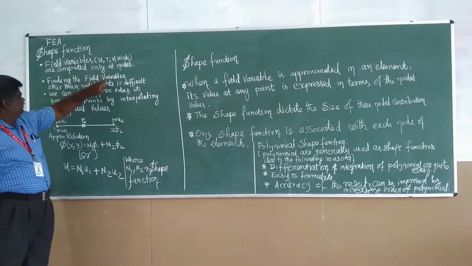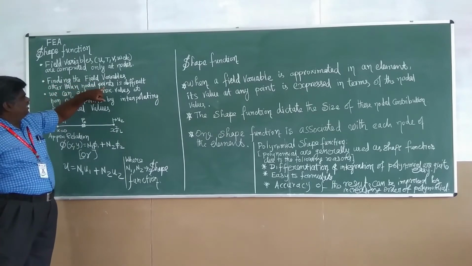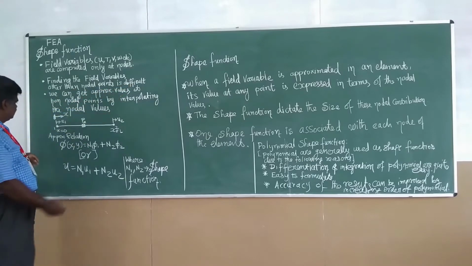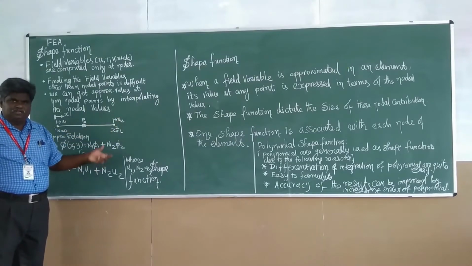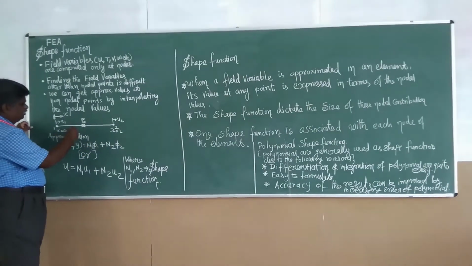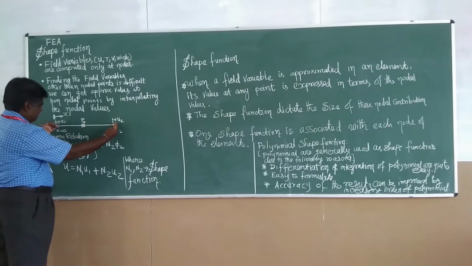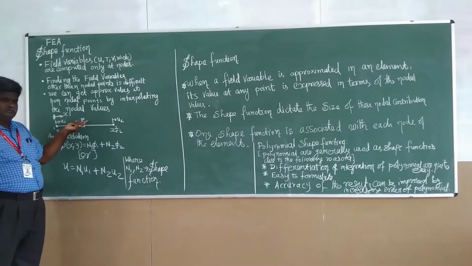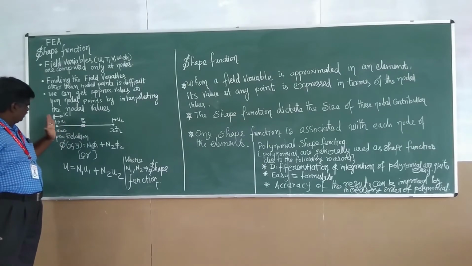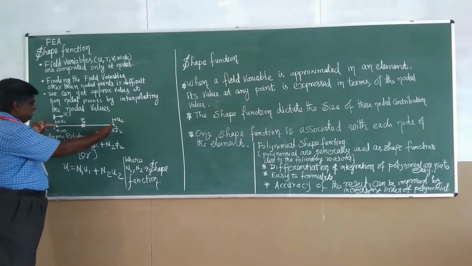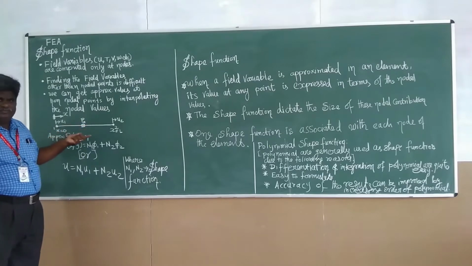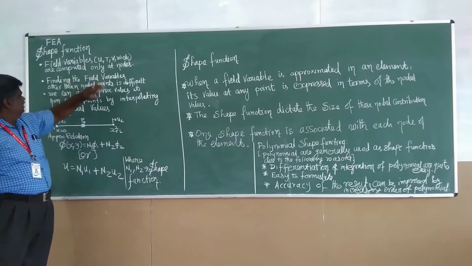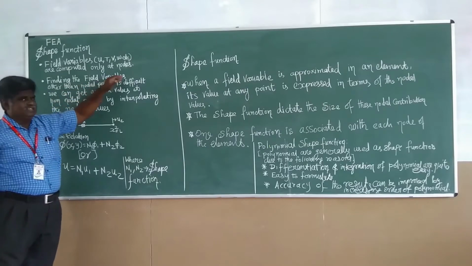At the nodal points, we can calculate the displacement easily. But at non-nodal points within the element, say the point P with reference coordinate x, calculating the field variable is very difficult.